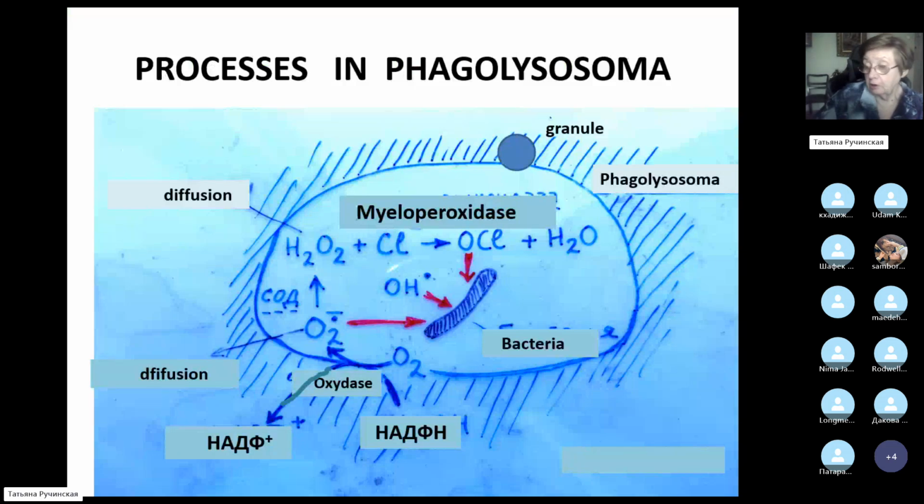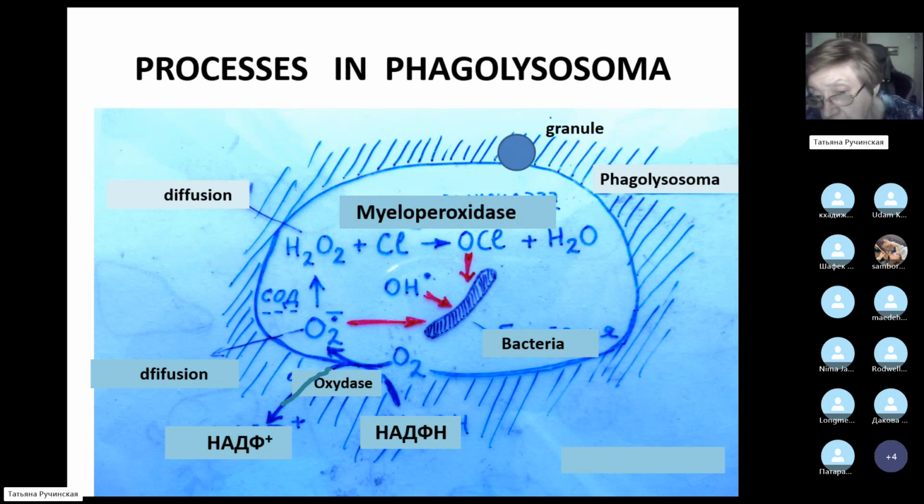These are the processes which appear in the phagolysosome. You see, at first these injurious agents, in this case bacteria, must be killed, and there will be irreversible injury by free radicals.